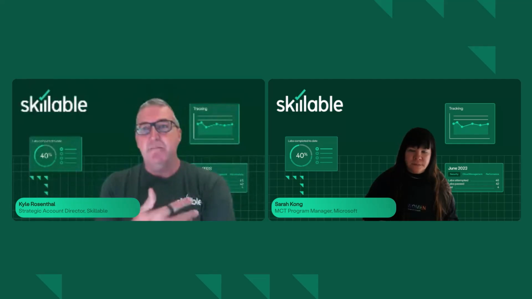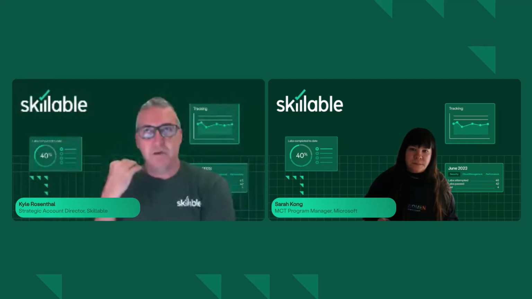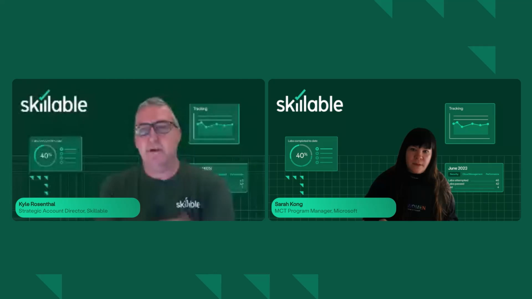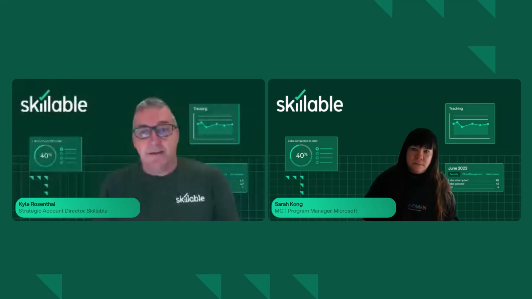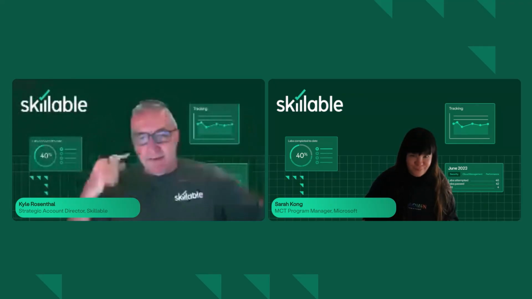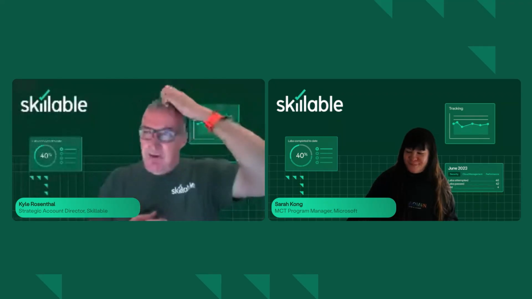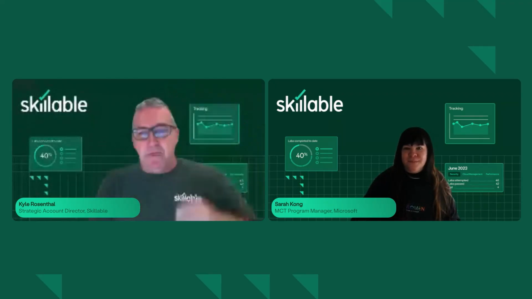Being able to take on board a question, process it, and then come up with an answer on the spot is one of our unique abilities as MCTs. It's part of what you do in the classroom. Someone throws a question at you, and you've got to go through the filing cabinet of everything that exists and go, well, that's not what we're talking about today, but we still need to come up with an answer for you.